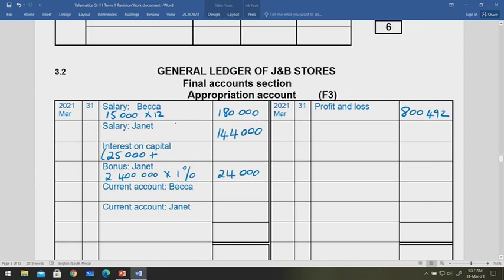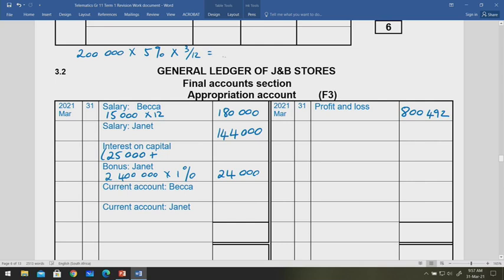Interest on capital, they gave us the interest for Janet, so we must just calculate the interest on Becca's capital. Now, Becca at the beginning, we said that she contributed another 200,000. So on the 200,000, we've calculated the 5%. She contributed that on the 1st of January, so she can only receive interest for January, February, and March, for 3 months.